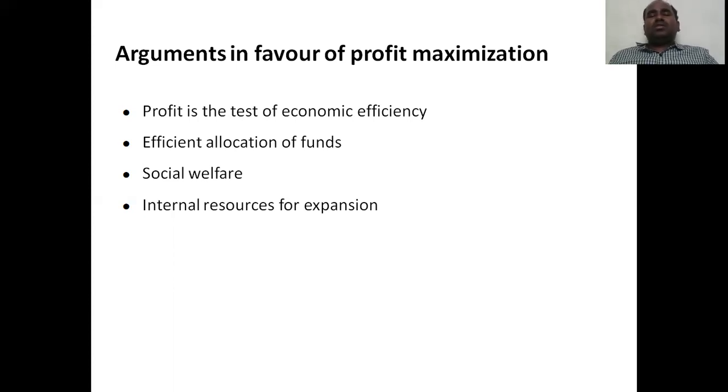If the company earns sufficient profit, it is possible for the company to pay taxes correctly and at the right time, to pay sufficient dividends to the shareholders and good interest to the debenture holders as well as creditors, and to provide fair salaries to the employees along with financial and non-financial benefits.